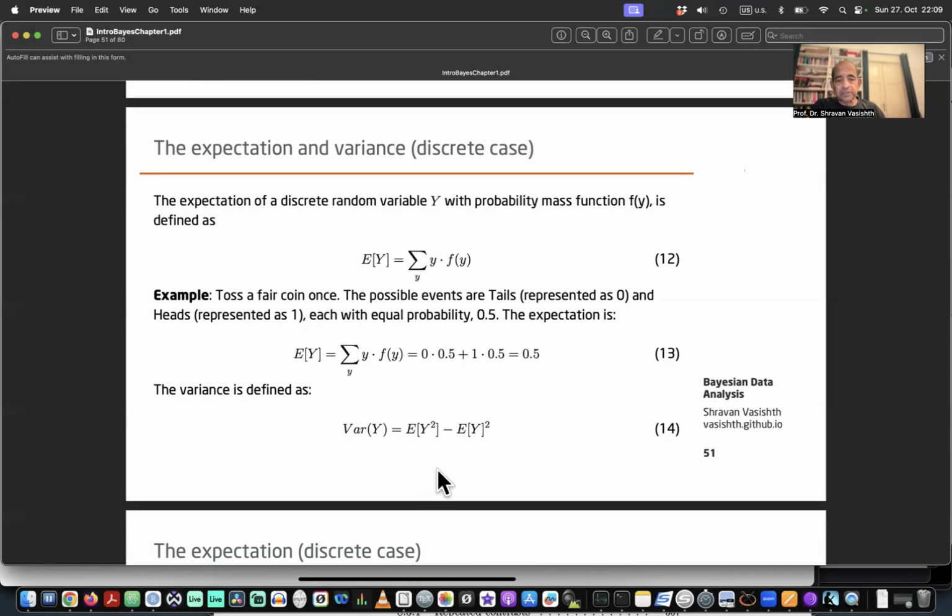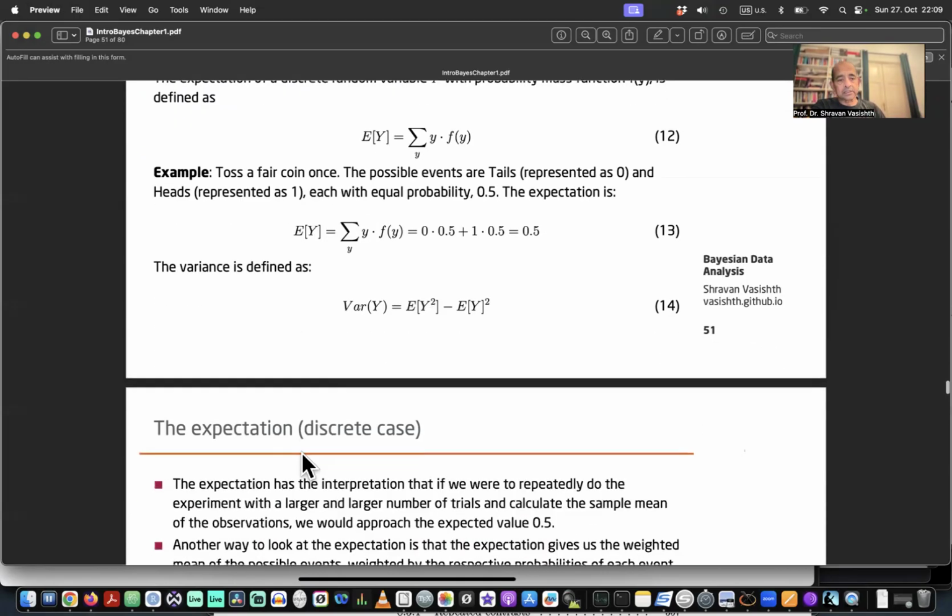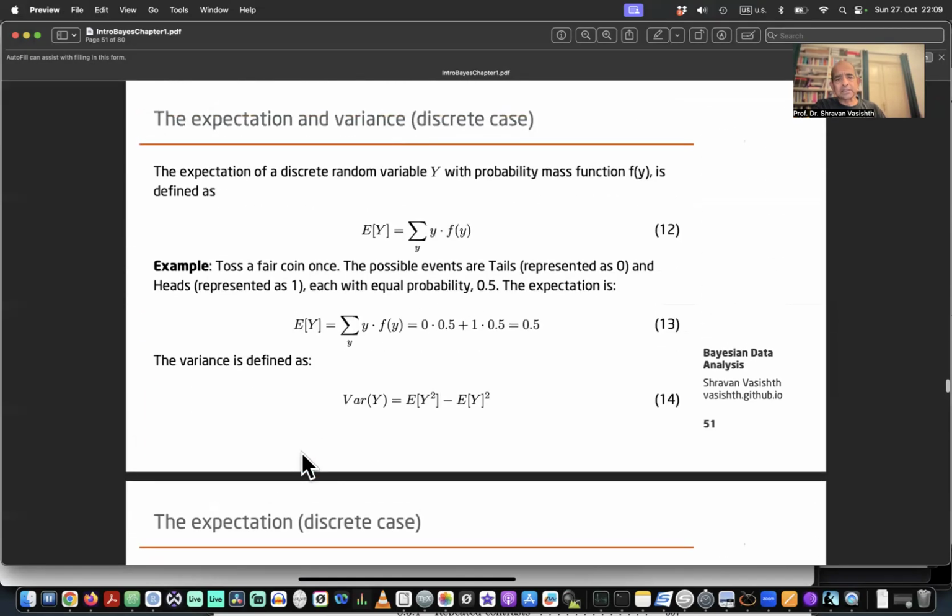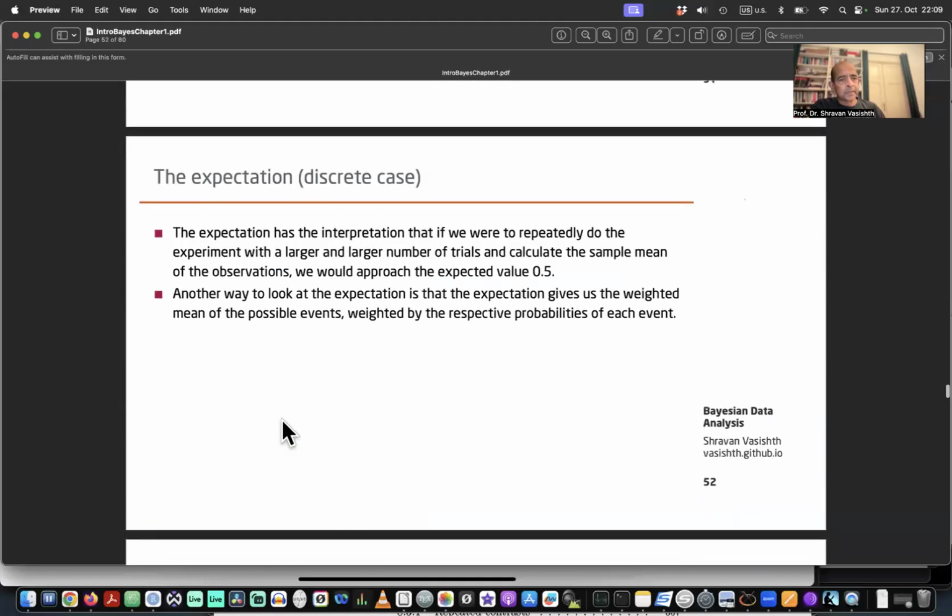So the definition is the variance of y is the expectation of y squared, which is the transformation of the random variable y, minus the square of the expectation of the random variable y, right? So that's just the definition. All these things are discussed in any statistics textbook. If you pick up any math stats textbook, they will introduce these definitions there, right?